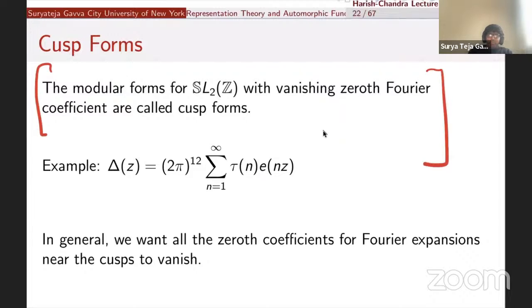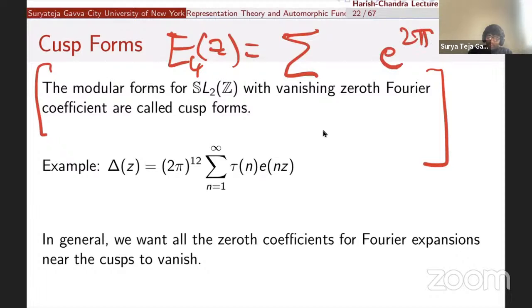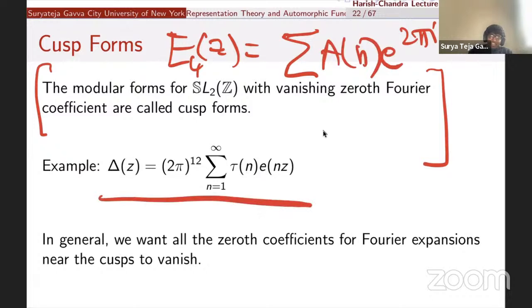Before I move further, there's one important property. For many of these holomorphic functions that we saw before, for instance E4(z) and so on, you can write down these expansions. These are called the Fourier expansions of the series, and you'll have some interesting arithmetic coefficients. For instance, this particular function delta(z) has a formula in terms of E4 and E6 that we saw before.